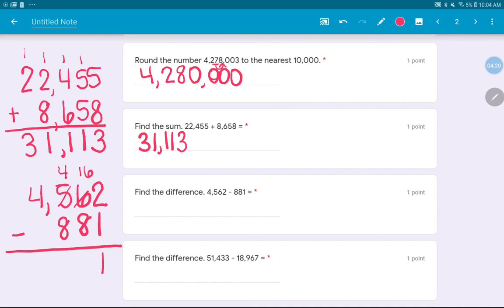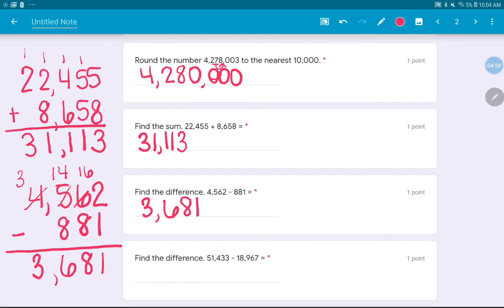And 16 minus 8 is 8. And then you can't do 8 subtracted from 4, so you take 1 from the thousands place and make that a 3. And then make the 4 14. And 14 minus 8 is 6. Okay. And then 3 minus nothing is 3. Very good. So 3,681 is the difference.